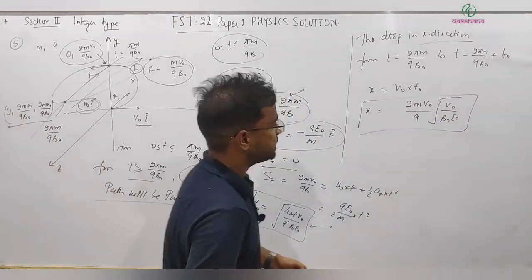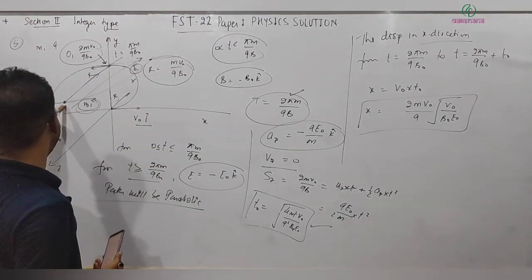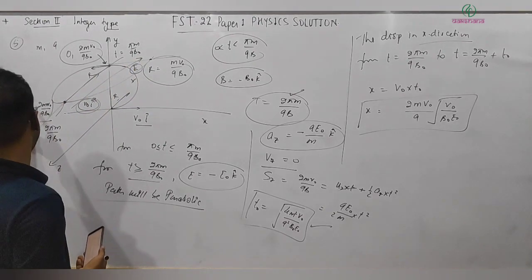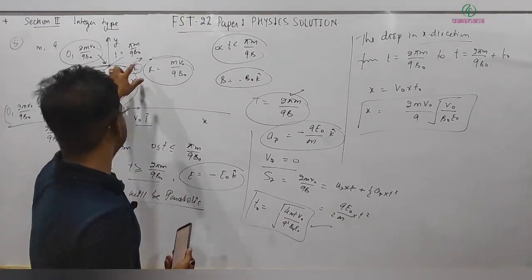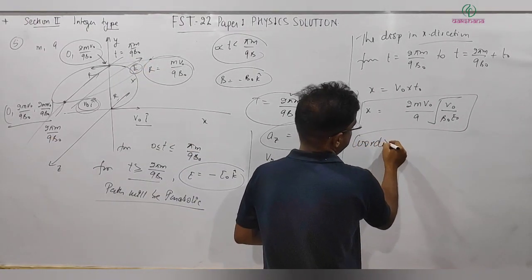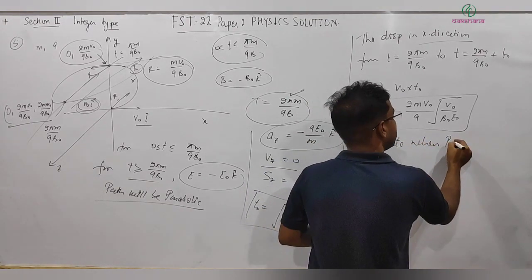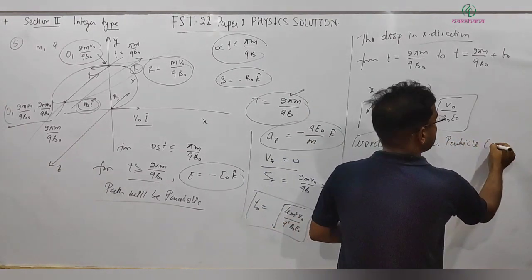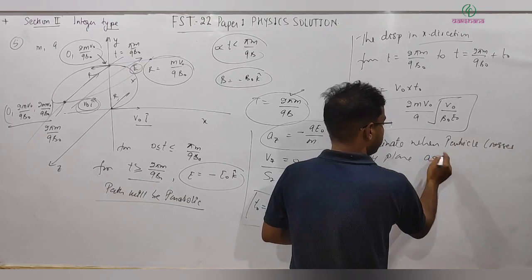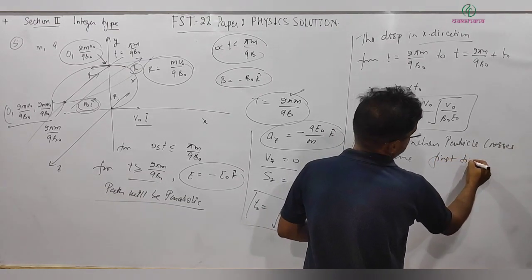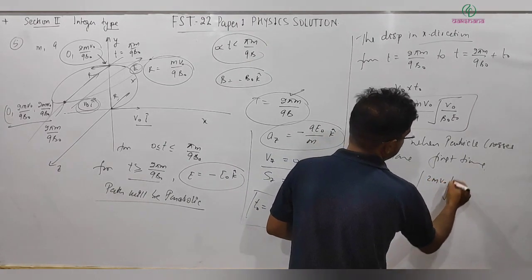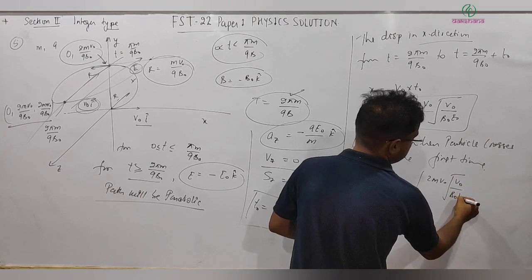So this will be 2 m v naught by q under root of v naught by B naught into E naught. So this will be the x component, and here the z component will become 0 when it reaches here, and the y component will still remain the same. So the coordinate when the particle crosses the xy plane for the first time is: the x coordinate is 2 m v naught by q under root of v naught by B naught into E naught.